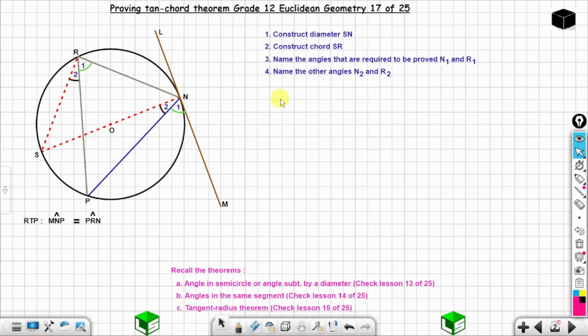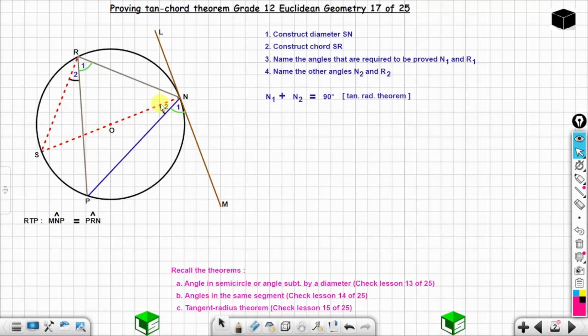Can you see, N1 plus N2 is equal to 90 degrees. The reason is the tangent radius theorem, from lesson 15 of 25.